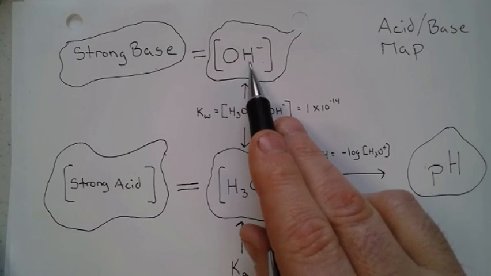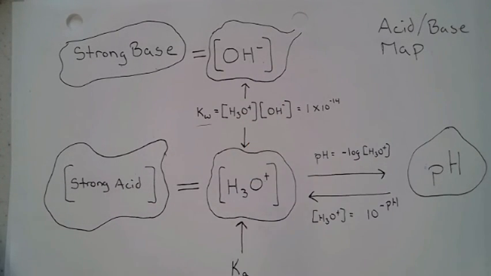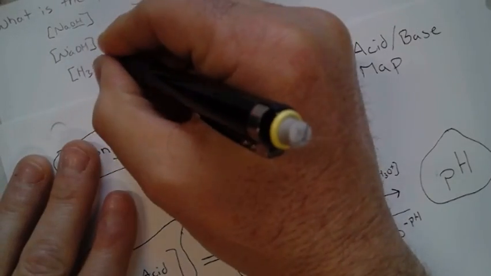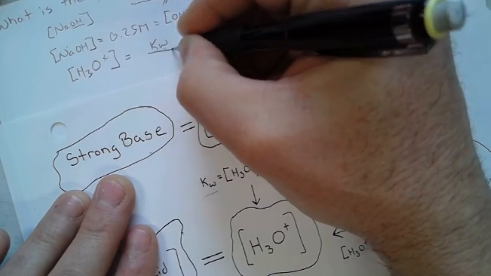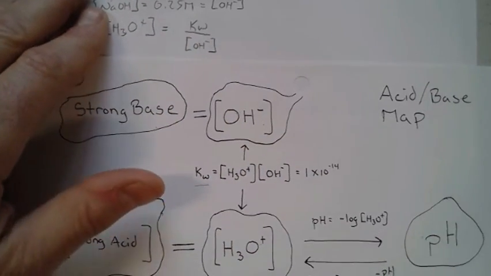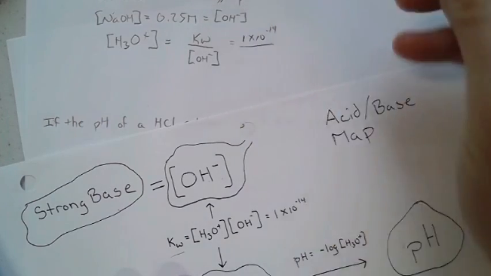To get from hydroxide to hydronium, I'm going to use the Kw equation right here and know that hydronium is equal to Kw over the concentration of hydroxide. So Kw is 1 times 10 negative 14.